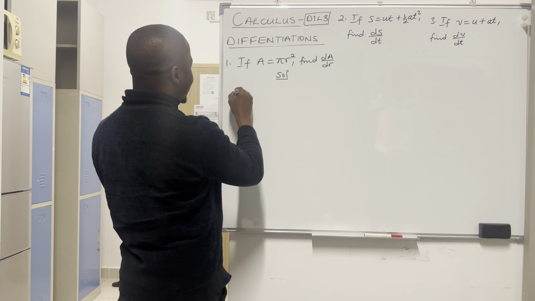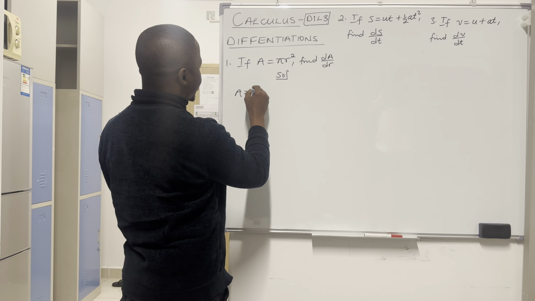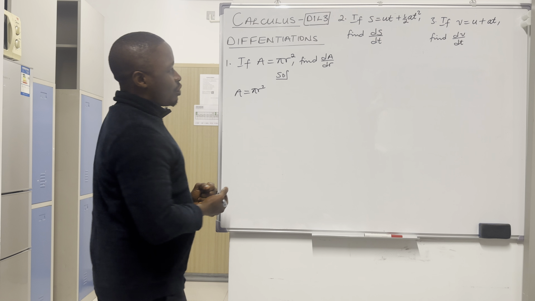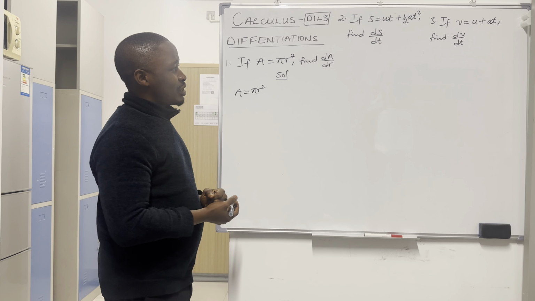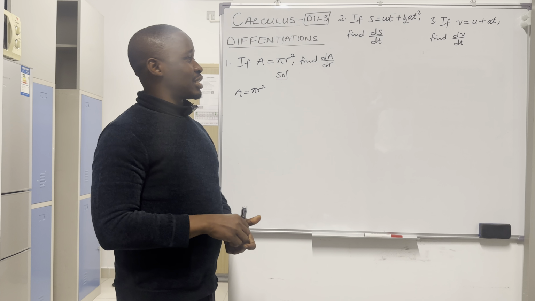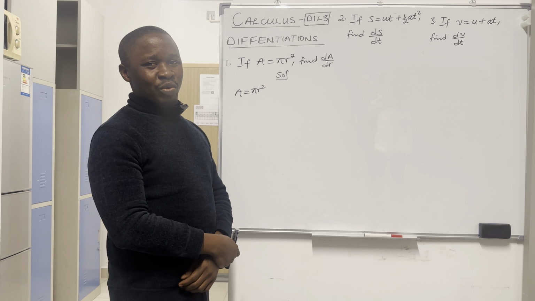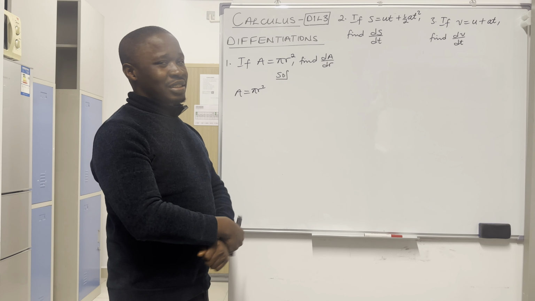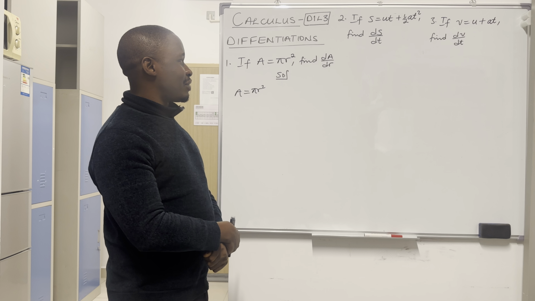All right, we are given A equals pi r squared. We want to find dA/dr. The first thing to note here is that we do not always say dy/dx. It depends on the function that we are given.